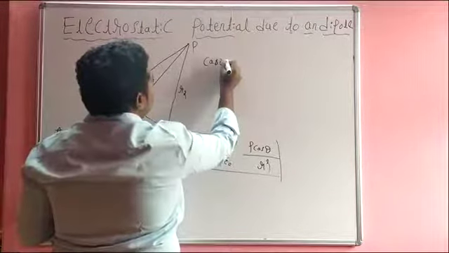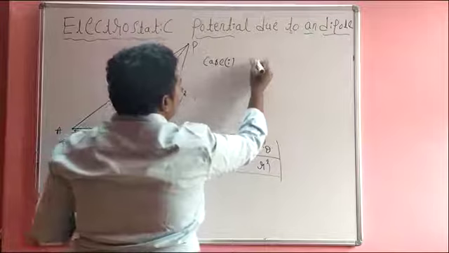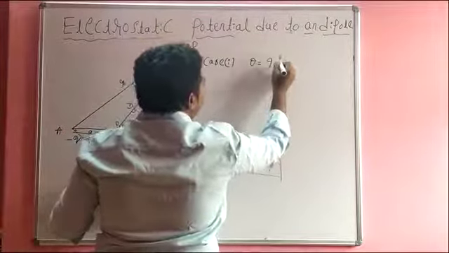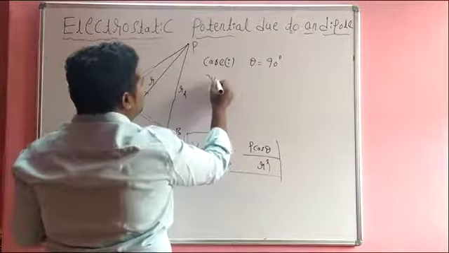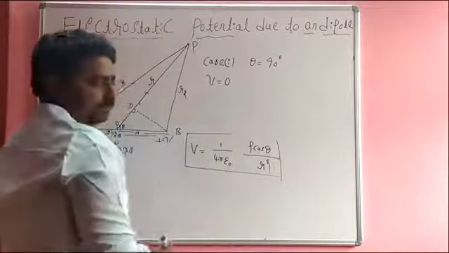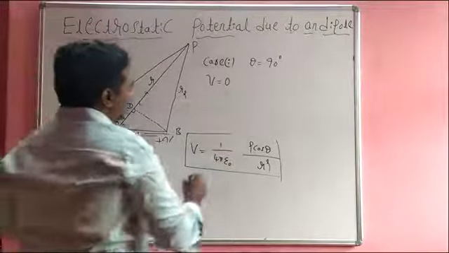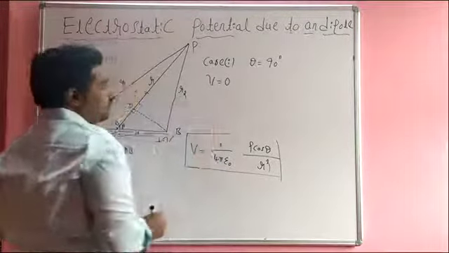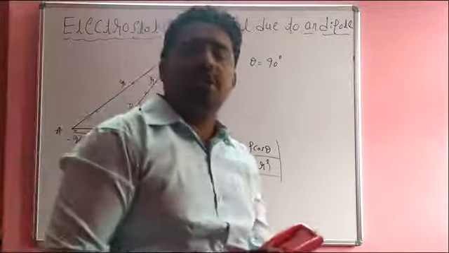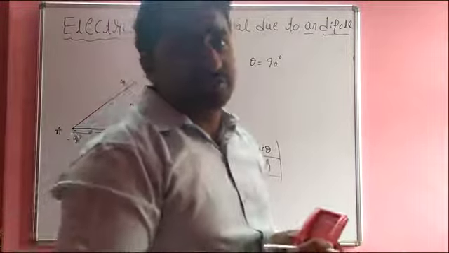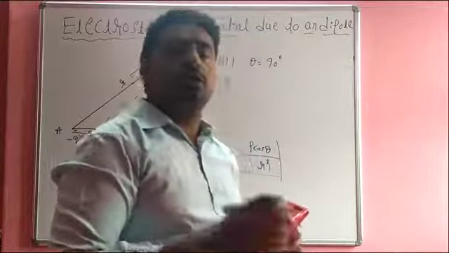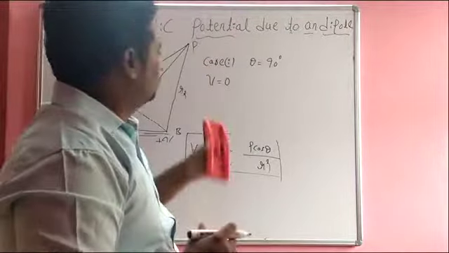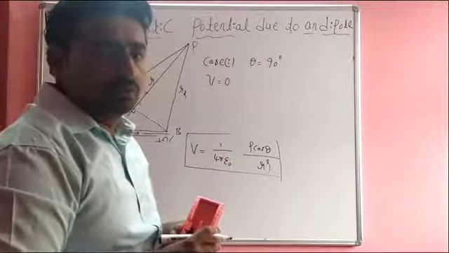Case number 1: theta is 90 degrees, the potential is equal to 0. The total potential on the equipotential surface normal to the dipole is 0.